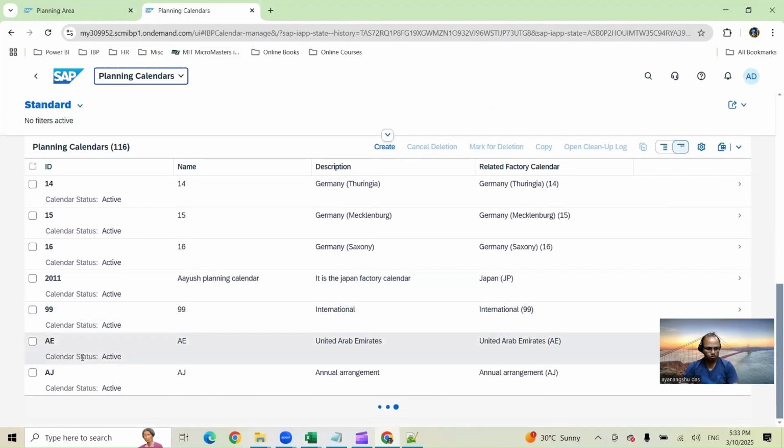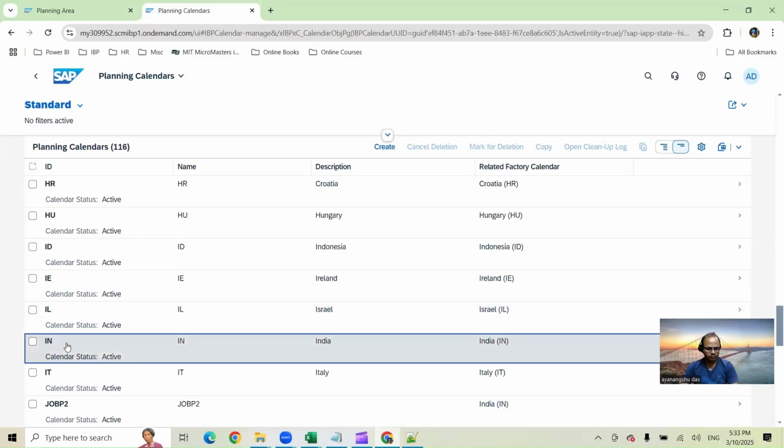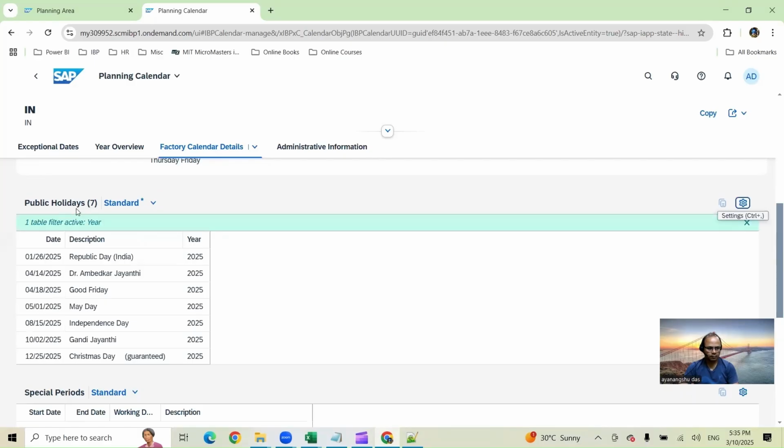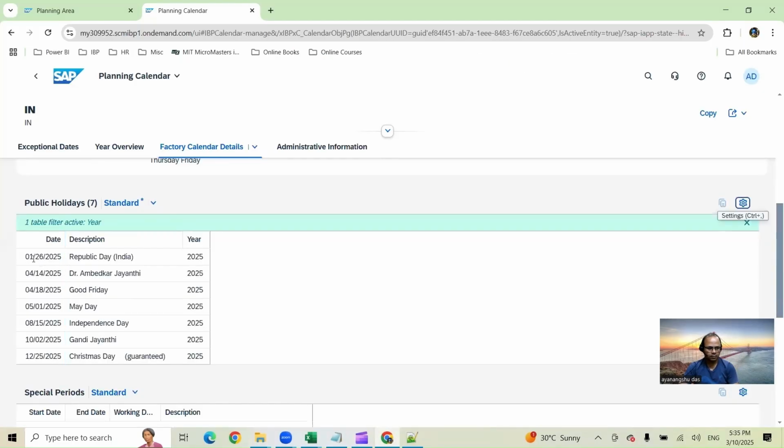And if we look at the calendar IN, so if we look at the public holidays in 2025, we find that on 26th of Jan 2025, there is one public holiday.